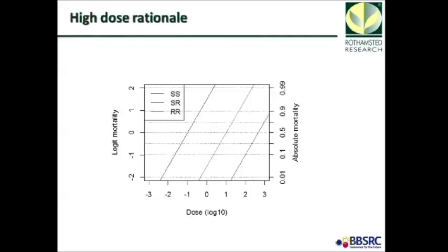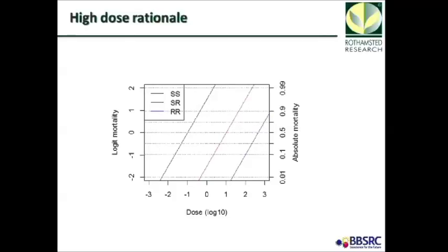So there's a good reason to think that a high dose will lead to resistance not developing. And what I've got here is 3 different genotypes: susceptible, heterozygote, and resistant, and their logit dose mortality rates.